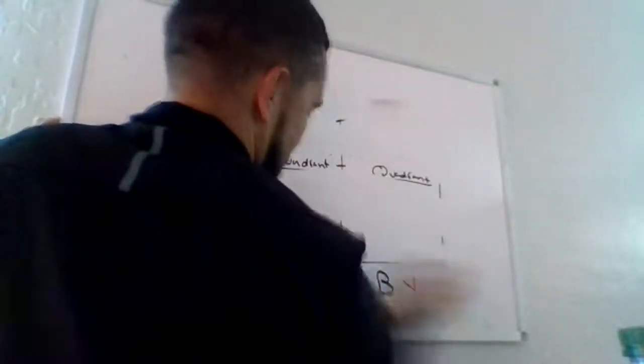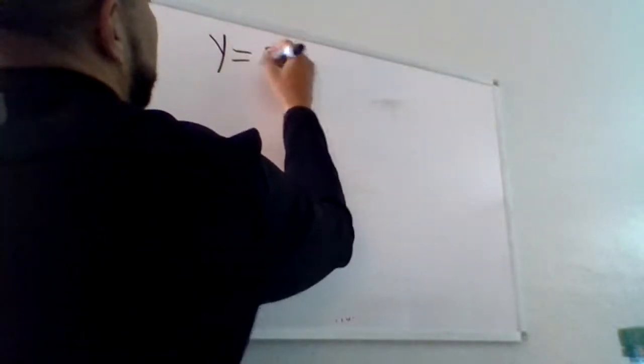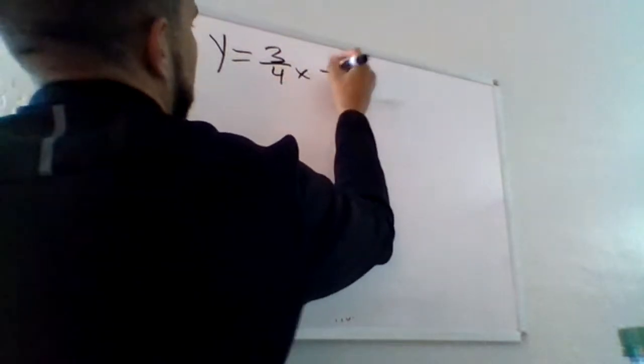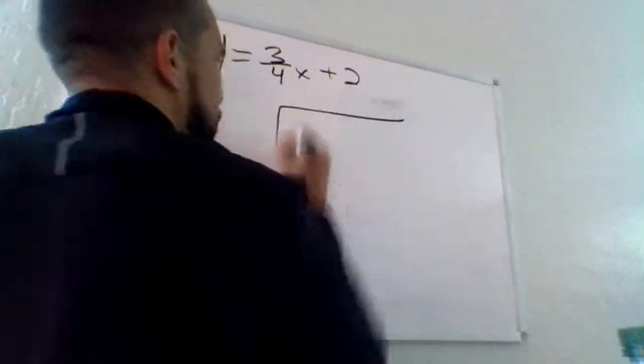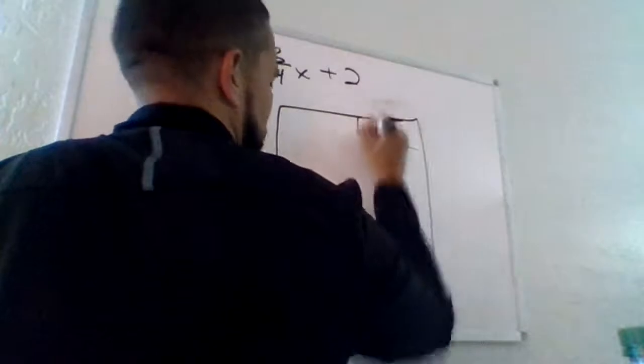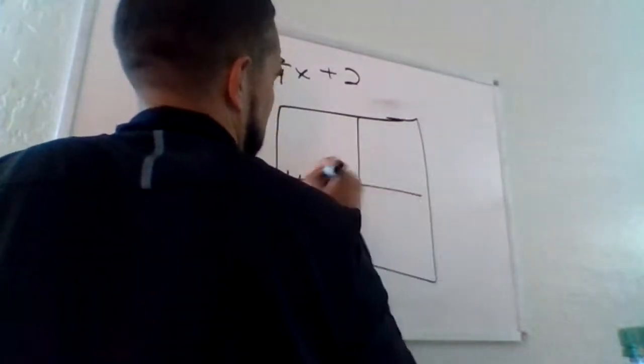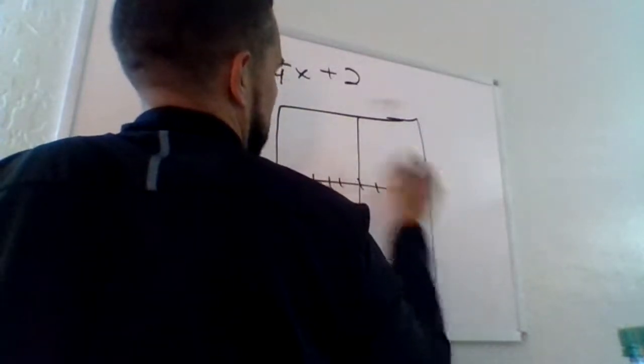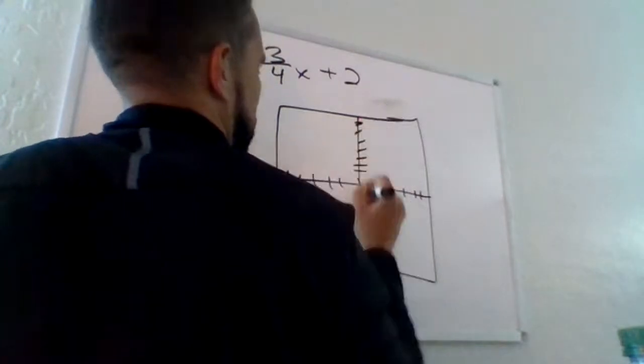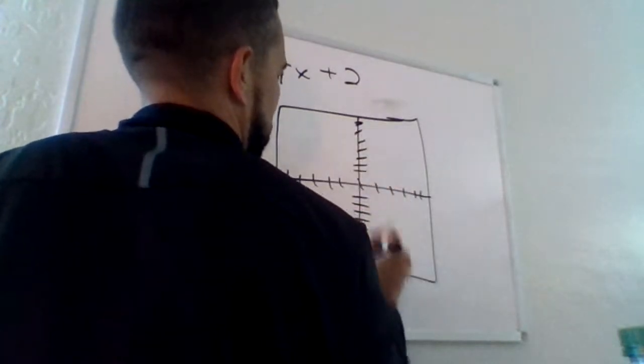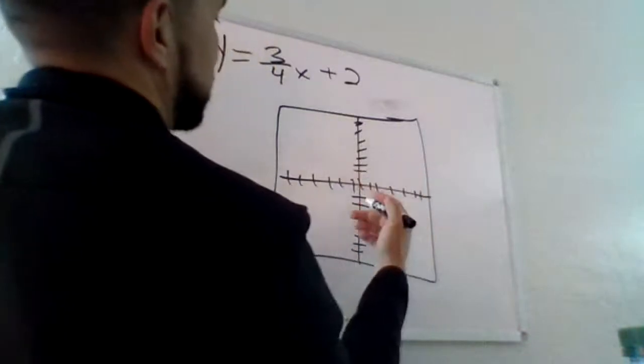I'm going to make this a little smaller so we have space. Okay. So we know what slope-intercept form is, and we know we have to graph it. So a very simple slope-intercept form could be 3/4 x plus 2. So I would go on the coordinate plane, and I would find positive 2.